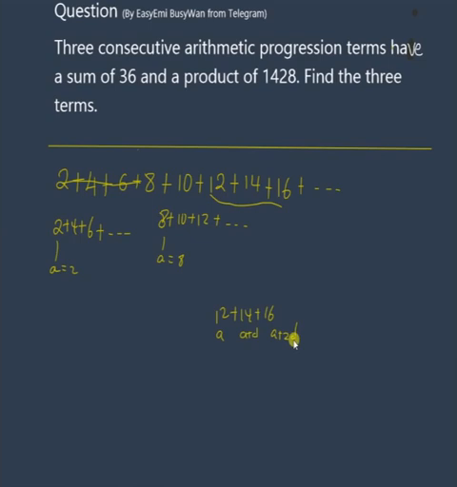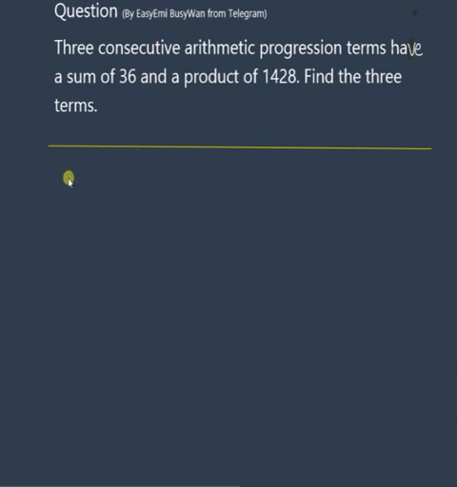That is what I want you to know: a series can start from any point, and whatever point it starts, the first one will be A, and the other one will be A plus D, followed by A plus 2D. Let me clear this. So our 3 terms are A, followed by A plus D, followed by A plus 2D.